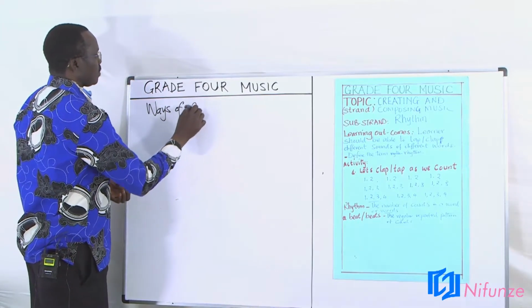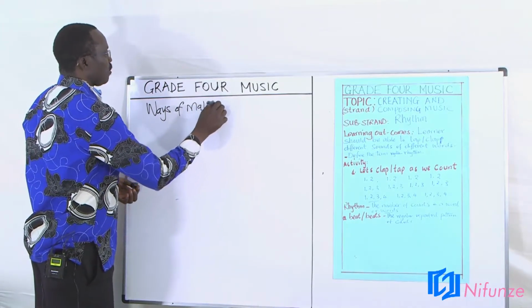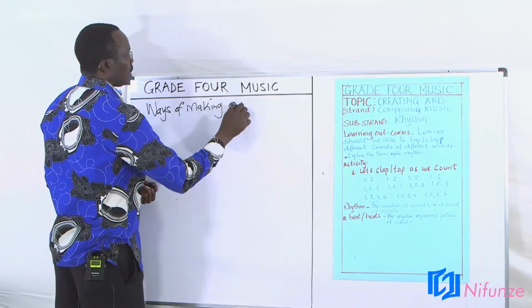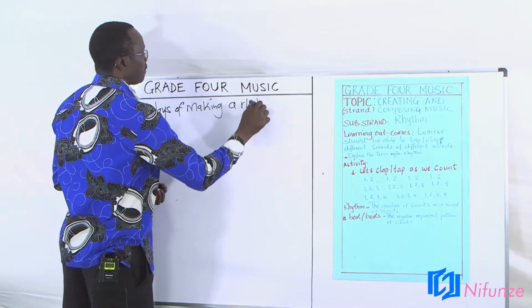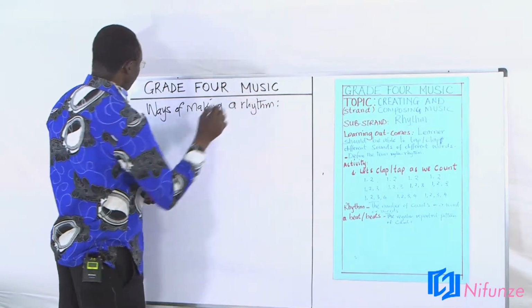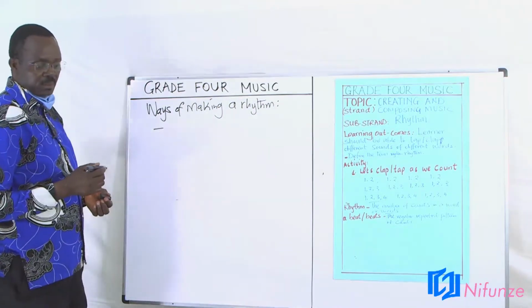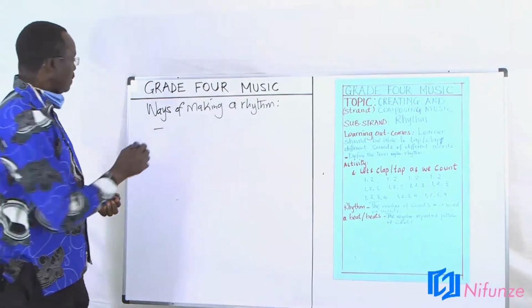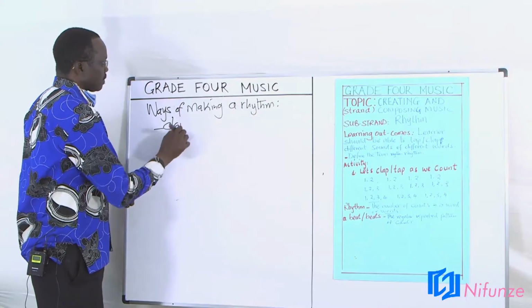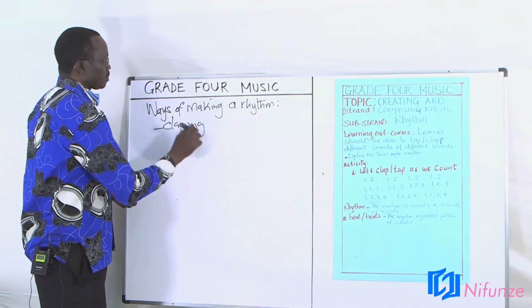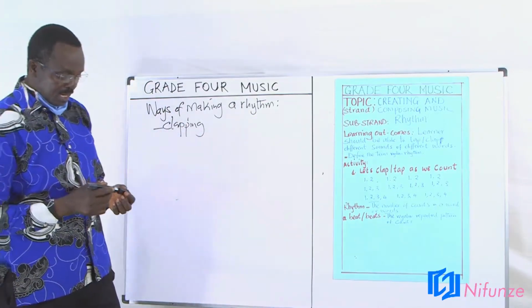These are some of the ways of making a rhythm. Number one, we can make a rhythm by clapping.